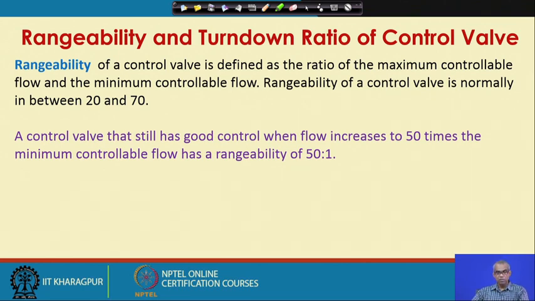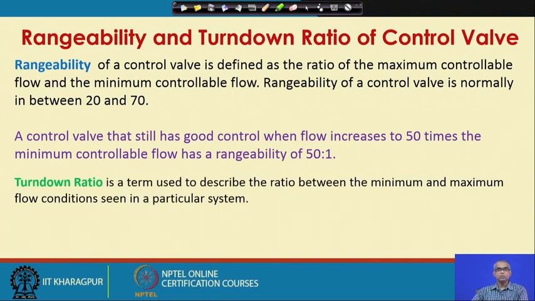A control valve that has a good control when flow increases to say 40 times the minimum controllable flow will have a rangeability of 40:1. Generally, the rangeability of a control valve is normally between 20 and 70.